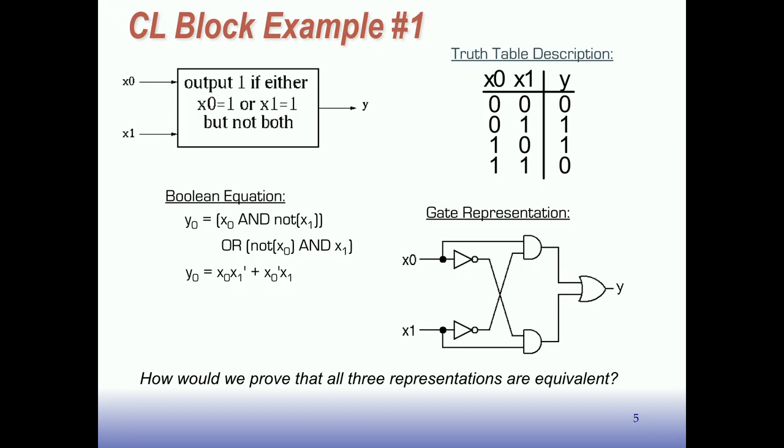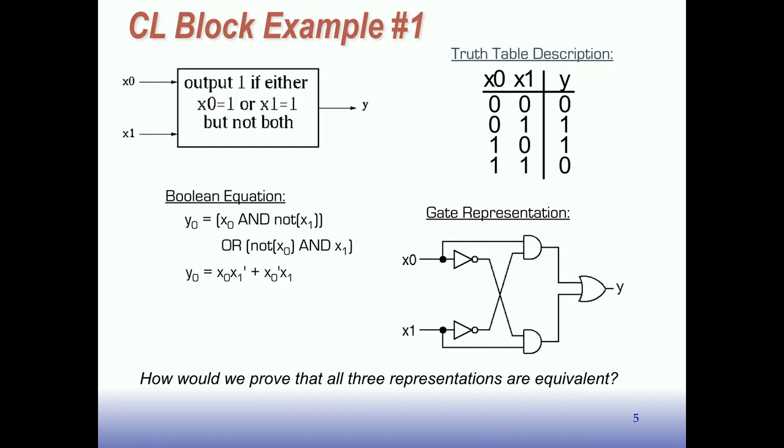It turns out there's also a Boolean equation version to represent this function, which is here: x0 and not x1, or not x0 and x1. In this case you can get this directly from the truth table, because what we're saying is the output is a 1 if that's a 0 and that's a 1, or that's a 1 and that's a 0. And that's pretty much what this statement says.